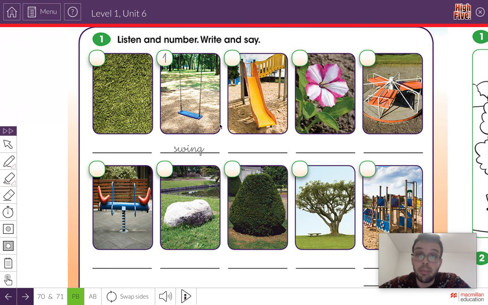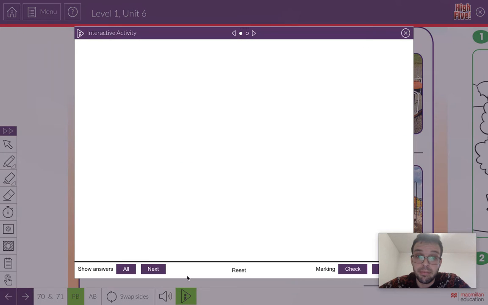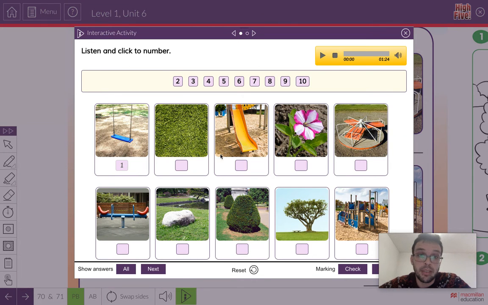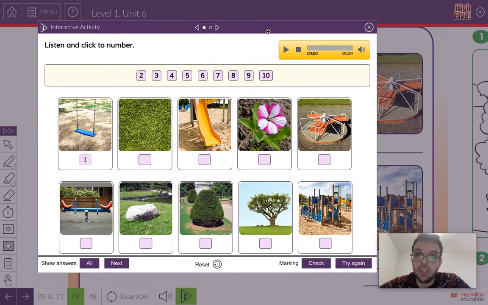Let's do this all together. Just write the numbers. So number 1 is a swing.